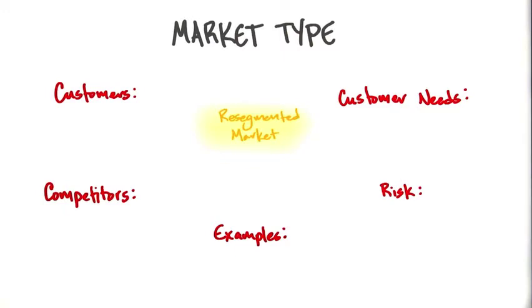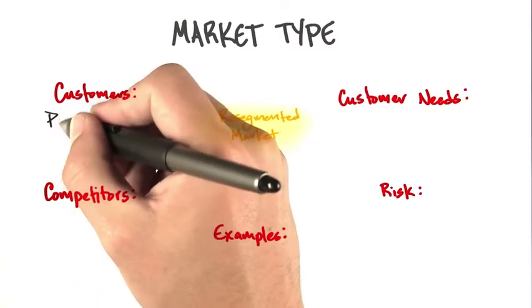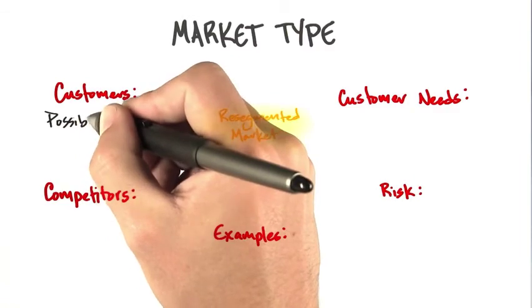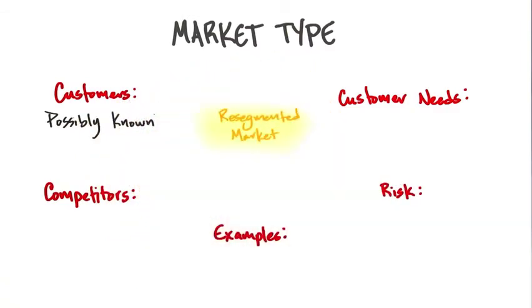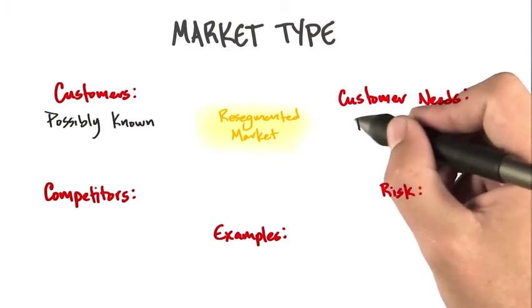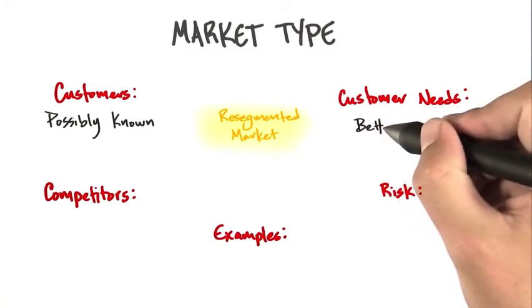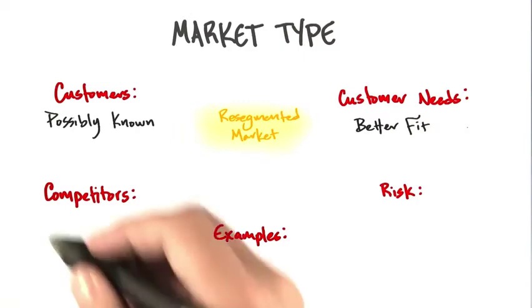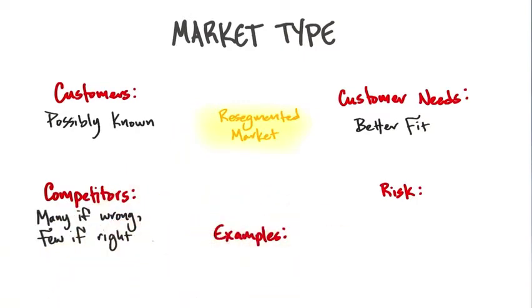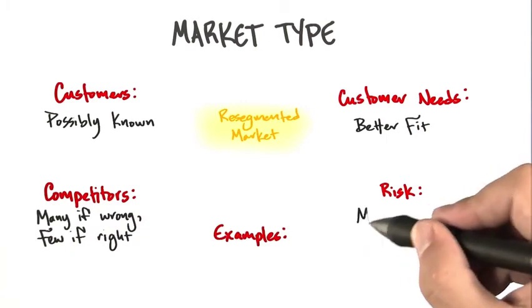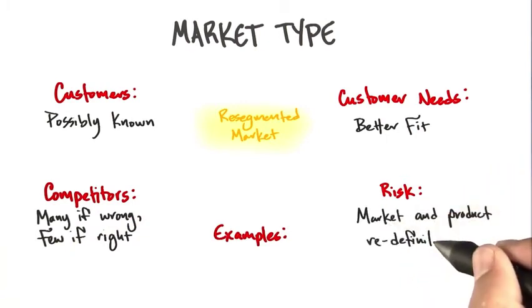Resegmented market. Well, you have a hypothesis about who the customers are. That is, you think you understand what your fit is, either in low cost or their specific niche needs, and so you might have a better fit for them. And competitors, there's many if you're wrong, but very few if you're right. And your risk is that you get the market and product redefinition just wrong.